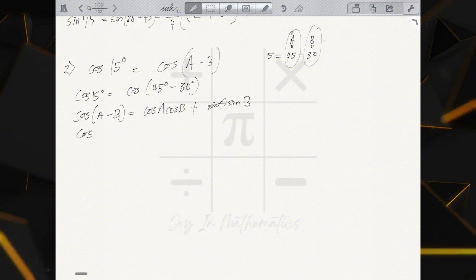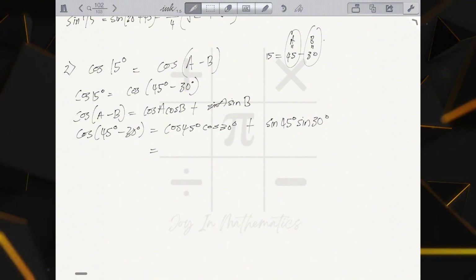Therefore, we are saying that cos(45 degrees minus 30 degrees), where A is 45 and B is 30, will result in cos 45 degrees multiplied by cos 30 degrees plus sine 45 degrees multiplied by sine 30 degrees.